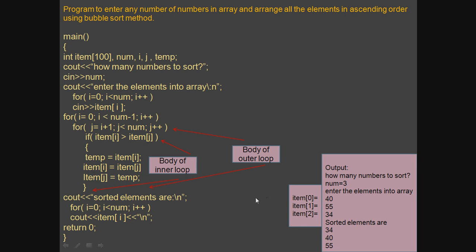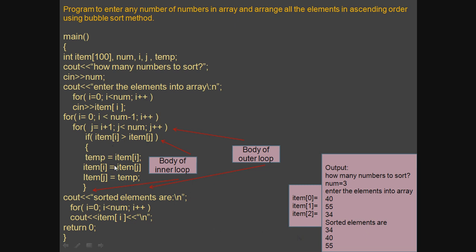So this item 1 will store the value 40, right? So again item j equals temp. So now the temp value will be stored in item j. That is, item j is 2, so 55 comes down. So now 40 comes here and 55 goes here, right? So you can see the elements get sorted.